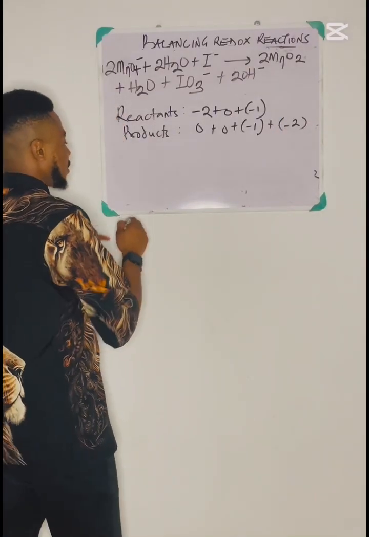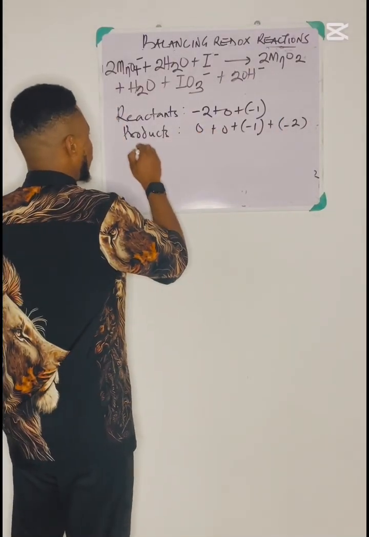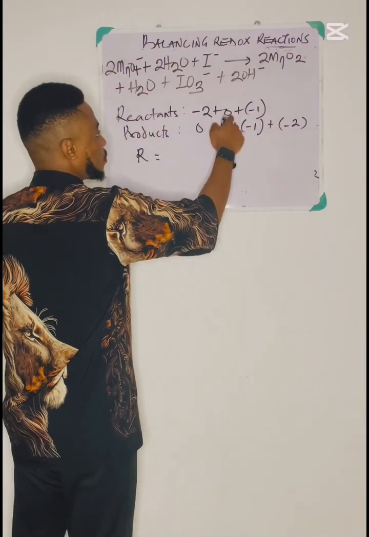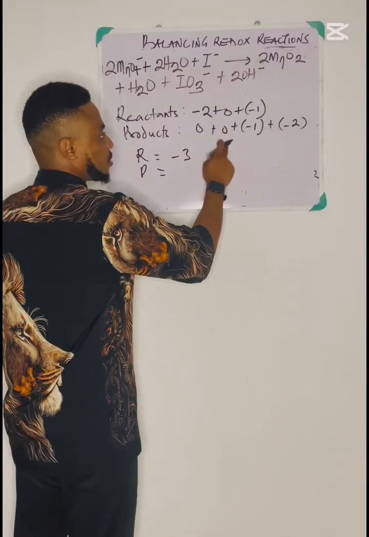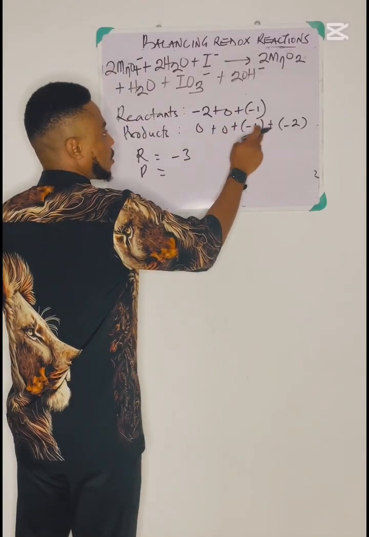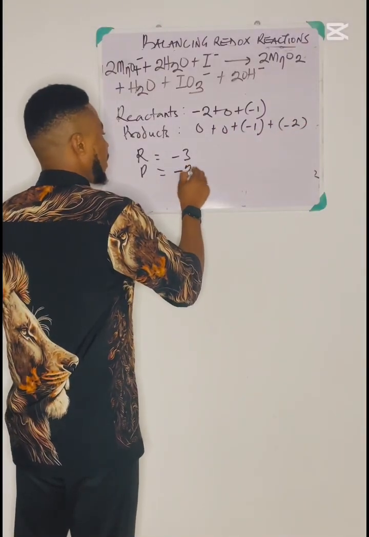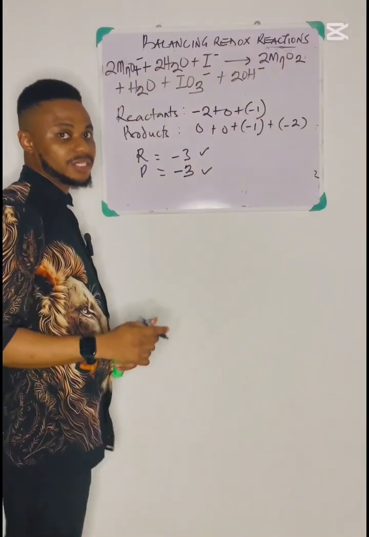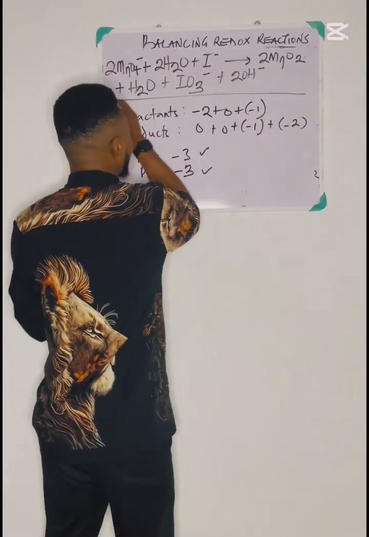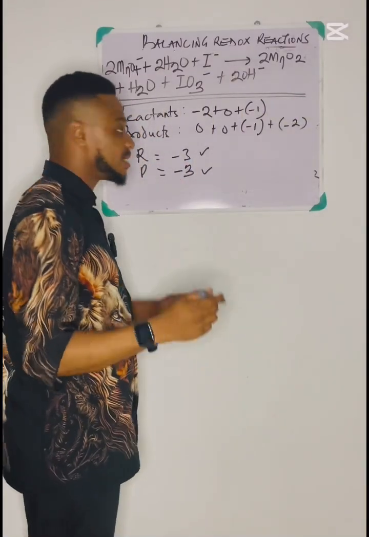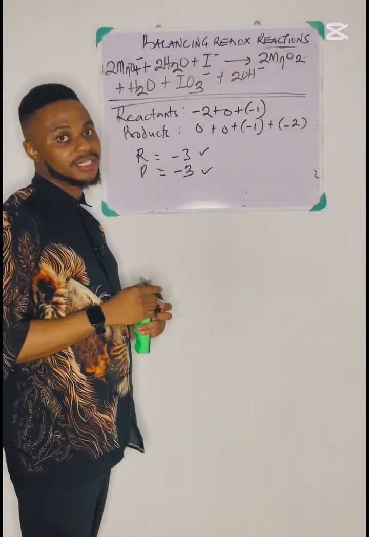These are the charges. All right, so let us check. For reactants, -2 plus 0 plus -1 is -3. For products, 0 plus 0 is 0, then plus -1 plus -2 is -3. So as you can see, the charges are balanced. So this is the balanced redox reaction in a basic medium.